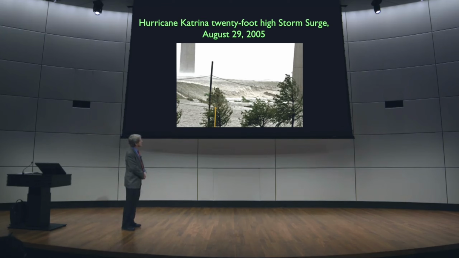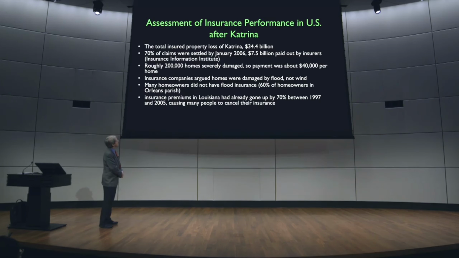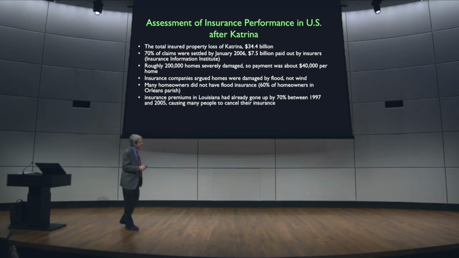But again, the insurance wasn't perfect there as well. So now this is totally different from Haiti because we have a lot of insurance in the United States. There were, in fact, losses of $34 billion caused by the hurricane.